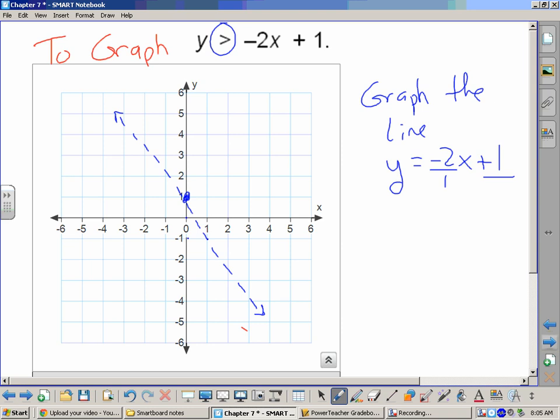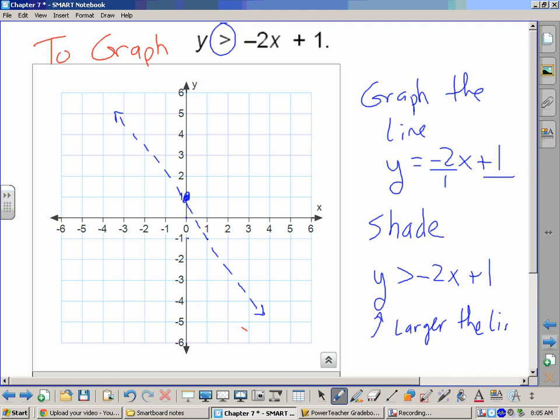Now we have to determine where we're going to shade. To shade, we're going to look at our inequality, y greater than negative 2x plus 1. We want numbers for y to be larger than the line. That's what this inequality is saying by saying that y is greater than.